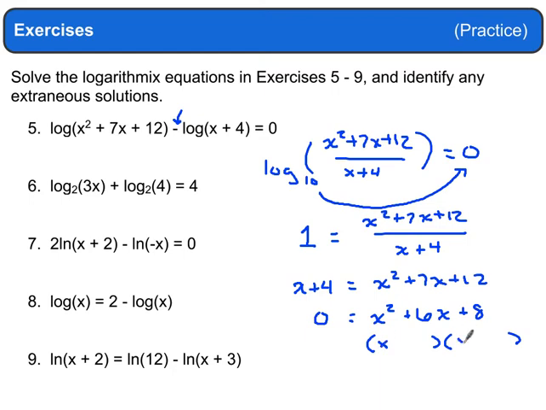So I get x and x. This will end up being plus 4 and plus 2. So that means my x is equal to negative 4 and negative 2. If you check them for extraneous solutions, this one ends up not working, and then this one here works.